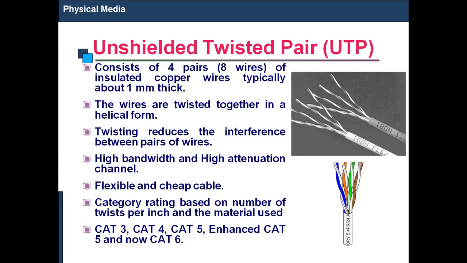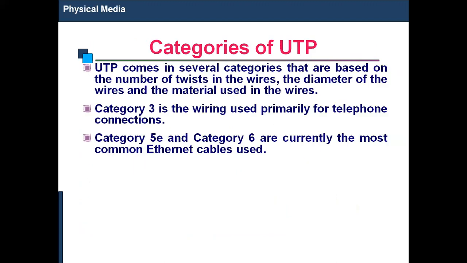To eliminate the interference between the 2 wires. This supports high bandwidth and a high attenuation channel, and has different categories: category 3, category 4, category 5, and enhanced category 5. Presently the twisted pair cable we are using is category 6.